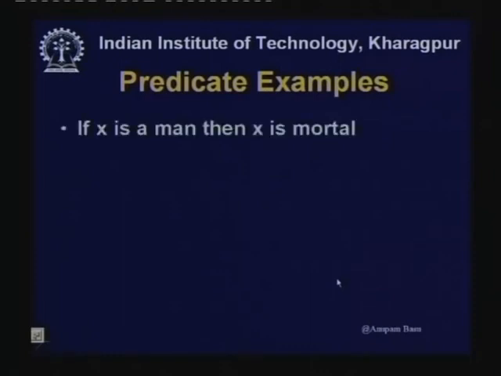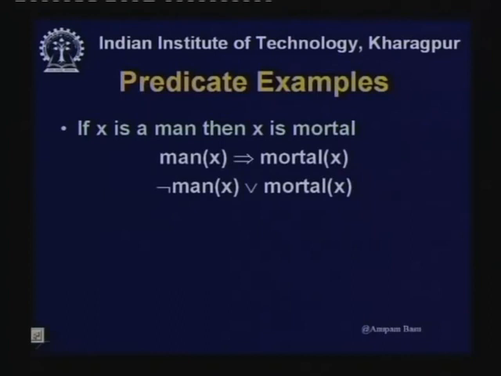Okay. So, let us have some more examples. If x is a man, then x is mortal. This is a statement that I want to make. So, I can write man x implies mortal x. This is a valid predicate, it is no longer a proposition because I have variables here.